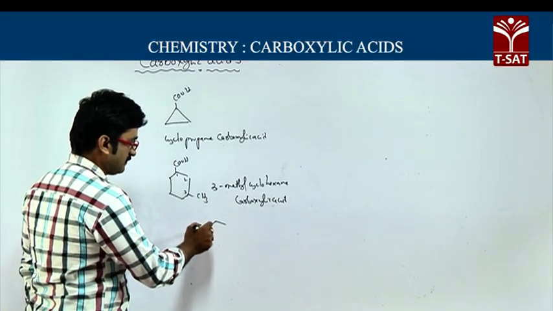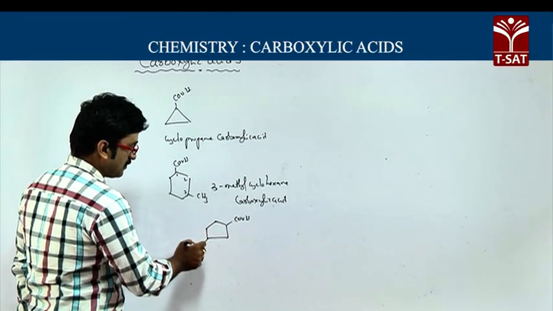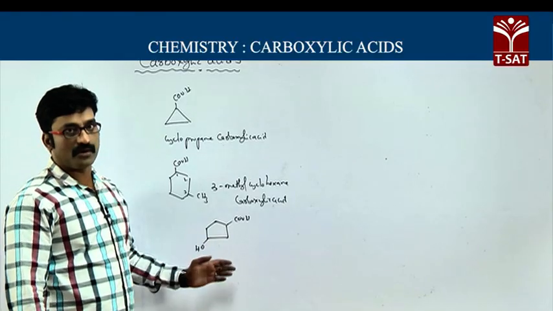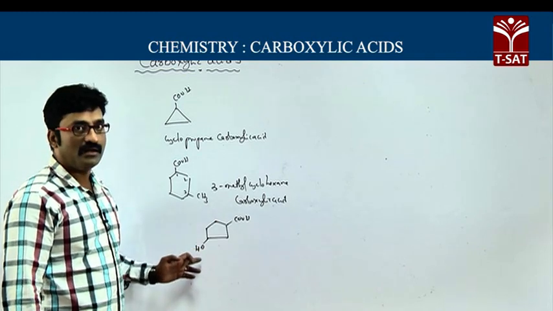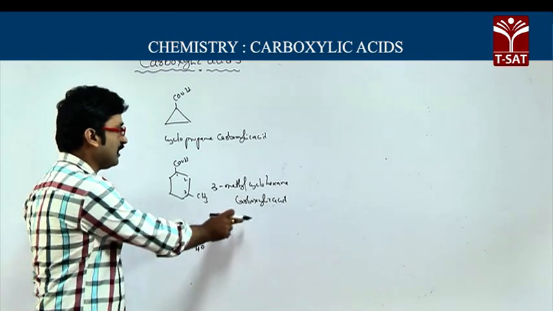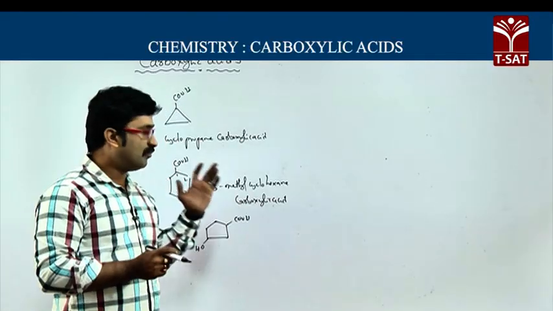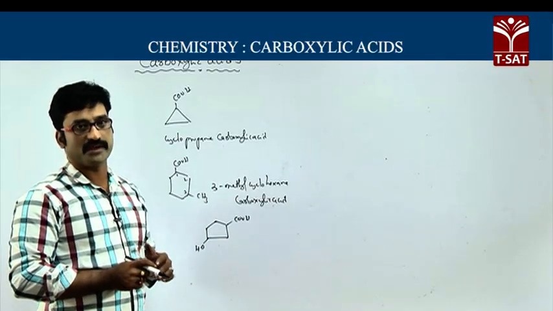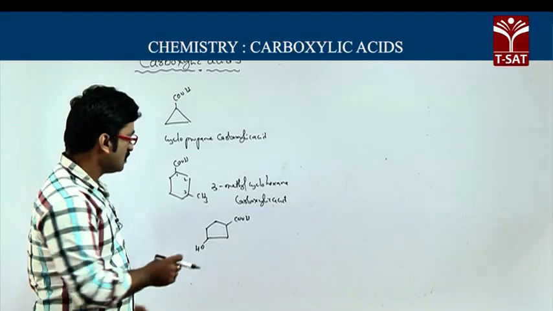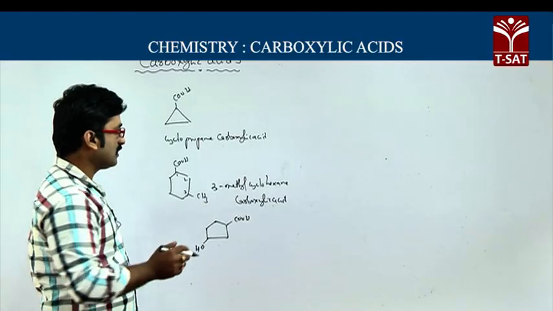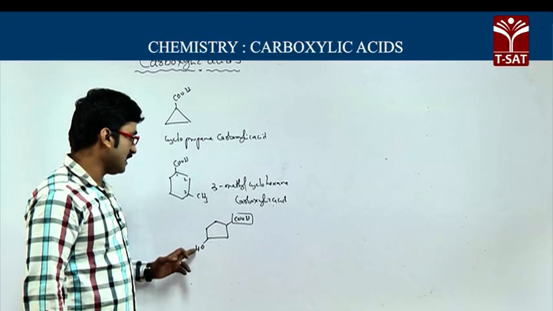And if it is like this, COOH and OH. You know that this compound contains 2 functional groups. One is carboxylic acid and the second one is the alcohol functional group. Whenever an organic compound contains more than one functional group, one functional group should be selected as the principal functional group. Among alcohol and carboxylic acid, the principal functional group is COOH.